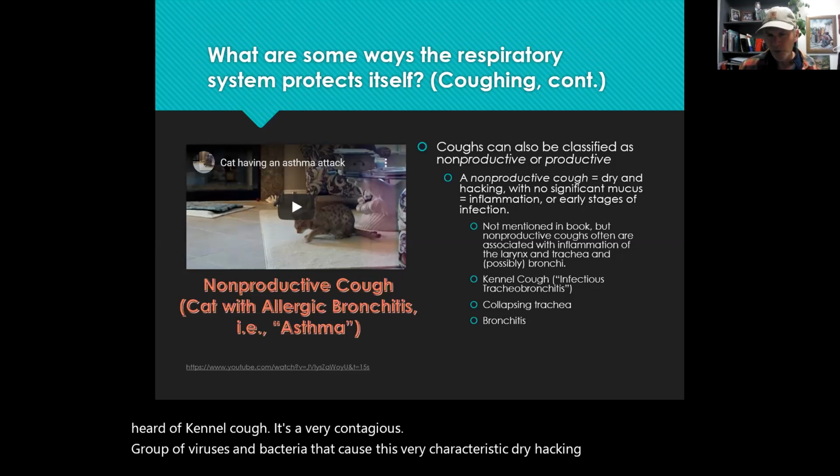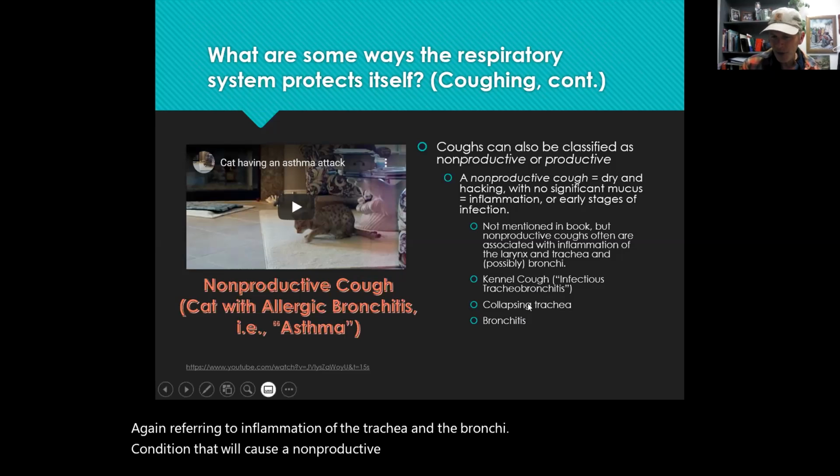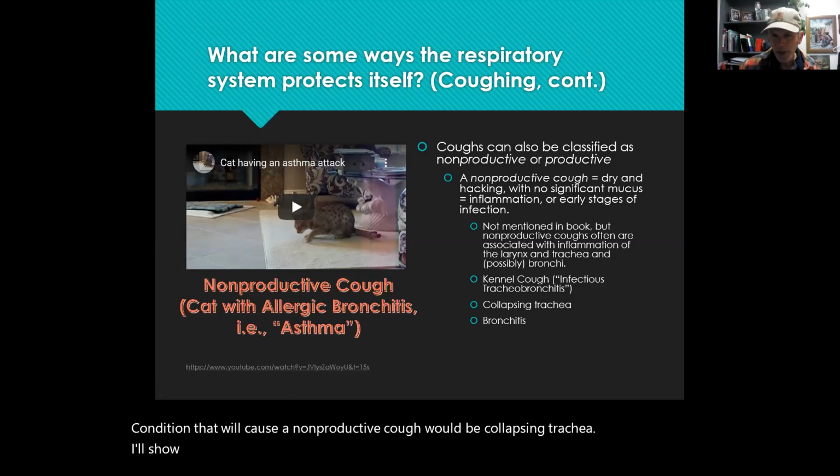The medical term for kennel cough is infectious tracheobronchitis, again referring to inflammation of the trachea and the bronchi. Another condition that will cause a non-productive cough would be collapsing trachea, and I'll show you more of that in a moment. There's also bronchitis.